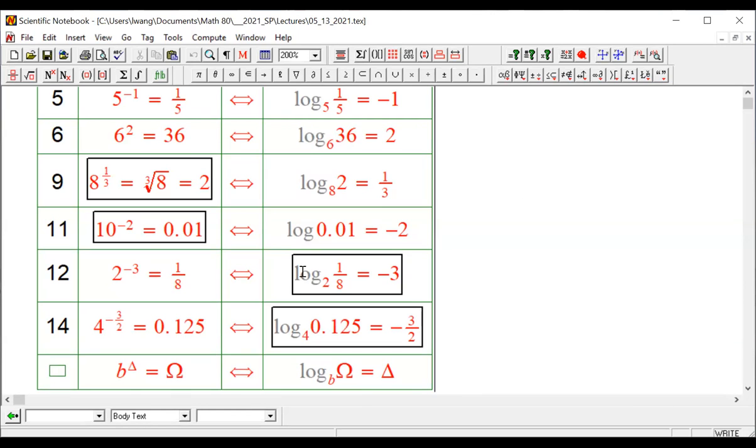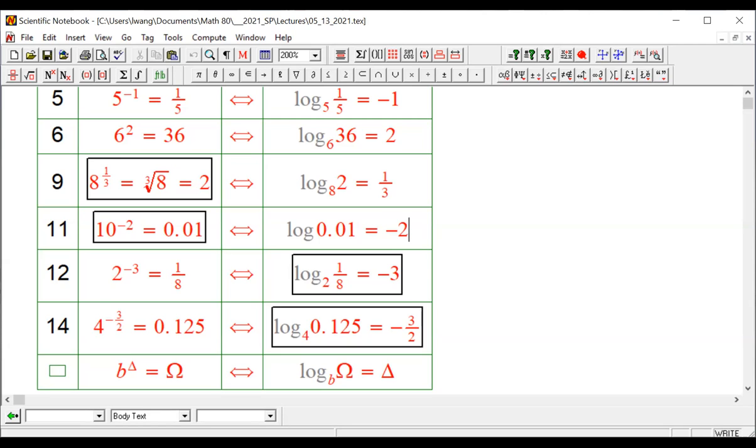For example, when we see the power, we really just care about the value of the power. We have -2 as the power, and 10 to this power equals 0.01. But if we want to emphasize the power, then we use a logarithm. We say the common log of 0.01 is -2, or 10 to the power of -2 is 0.01. Make sense? I hope I haven't repeated myself too much.